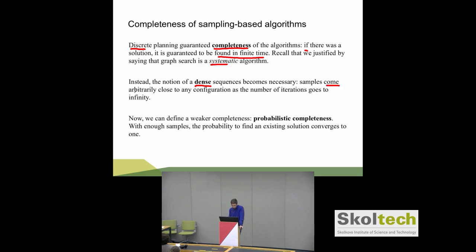These samples come arbitrarily close to any configuration as the number of iterations goes to infinity, right? So that means what I said. You can cover your full configuration space if you have infinite samples. This is not trivial. Okay, so the great thing about this is that, first of all, you need to use some specific family of sequences or random number generators, right?